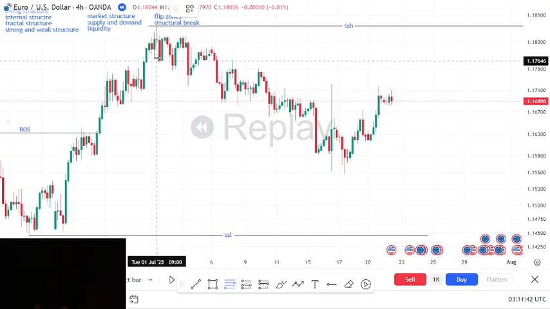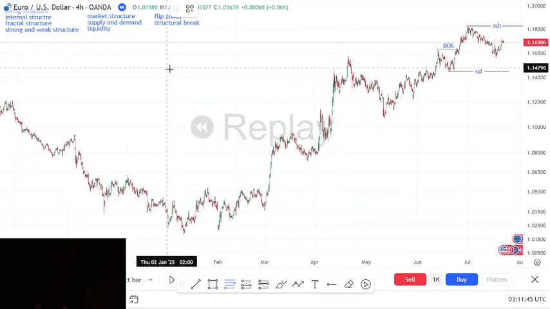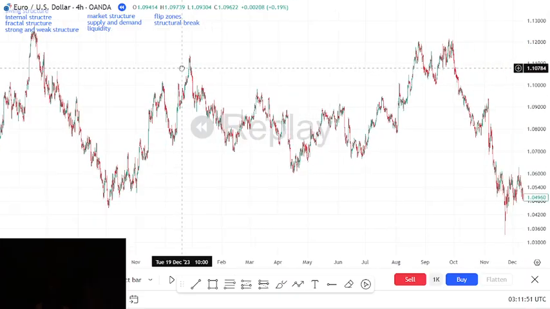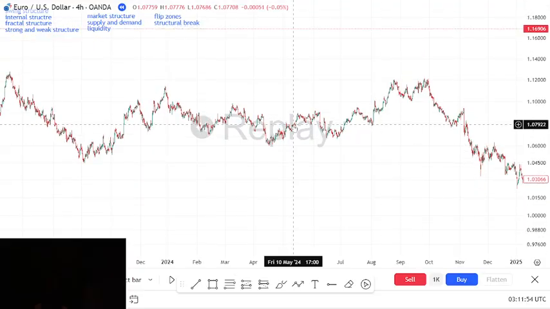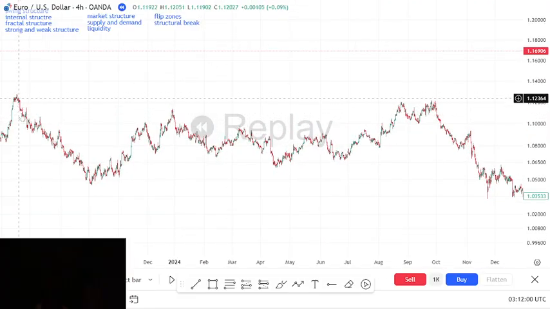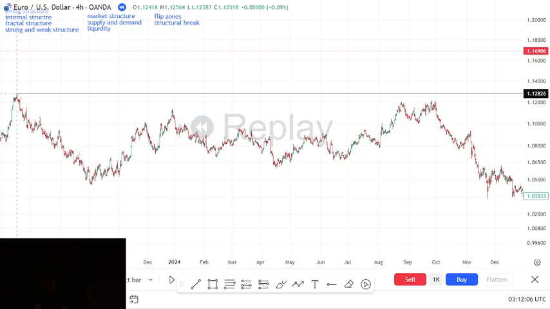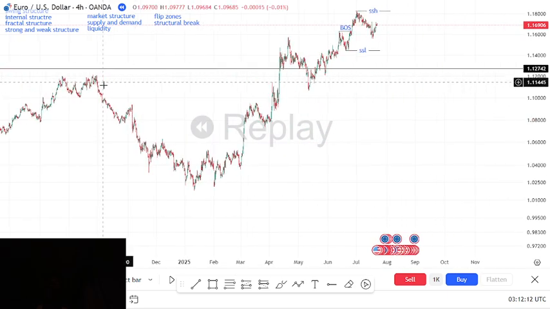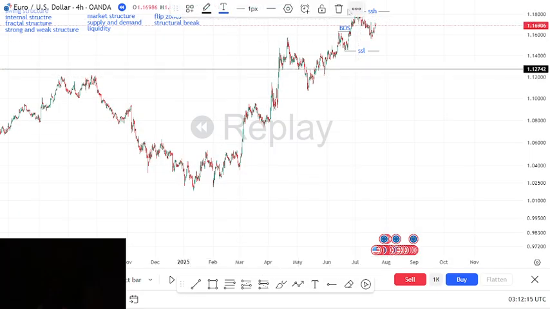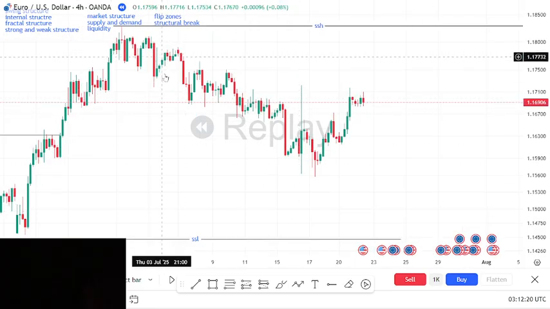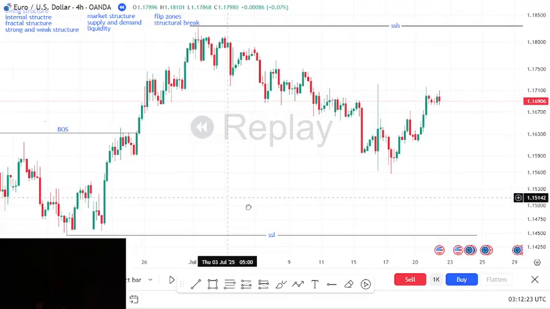we can look back and look for areas within this area where price did something. Okay, so we don't have any valid demand or supply area that you would have expected this pullback from.